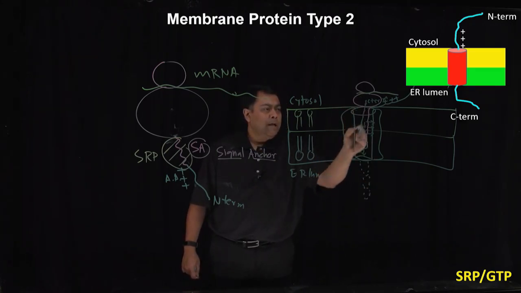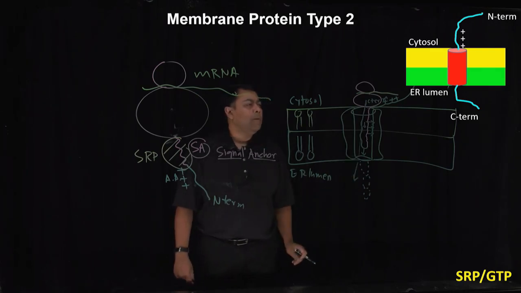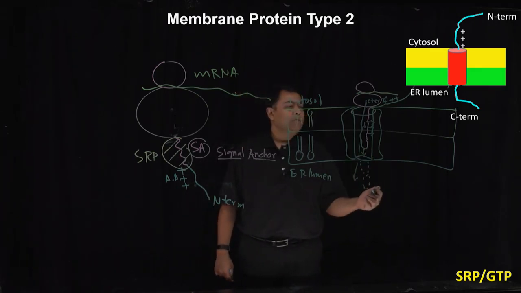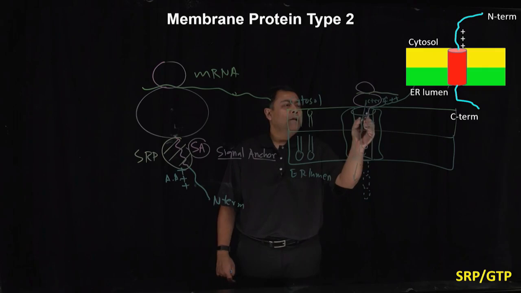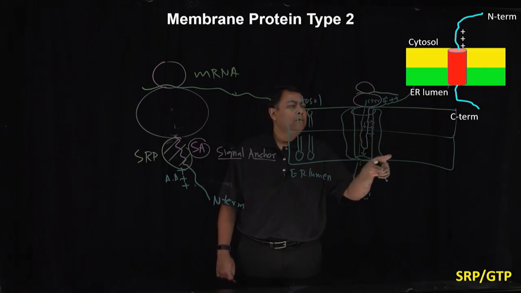So ultimately this entire portion is going to be dropped over. And after that you are going to see that this hydrophobic portion is then going to be transferred into the membrane.